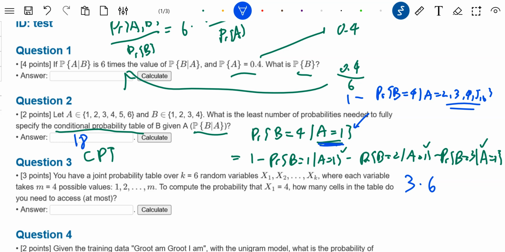So we cannot say that they sum up to 1 in this way. Given A has different values, they may not sum up to 1. So that is actually false. So we cannot save even more by computing, say, the A is 1 case based on A is 2, 3, 4, 5, 6. So that's why 18 here is the least number of probabilities we need to store.